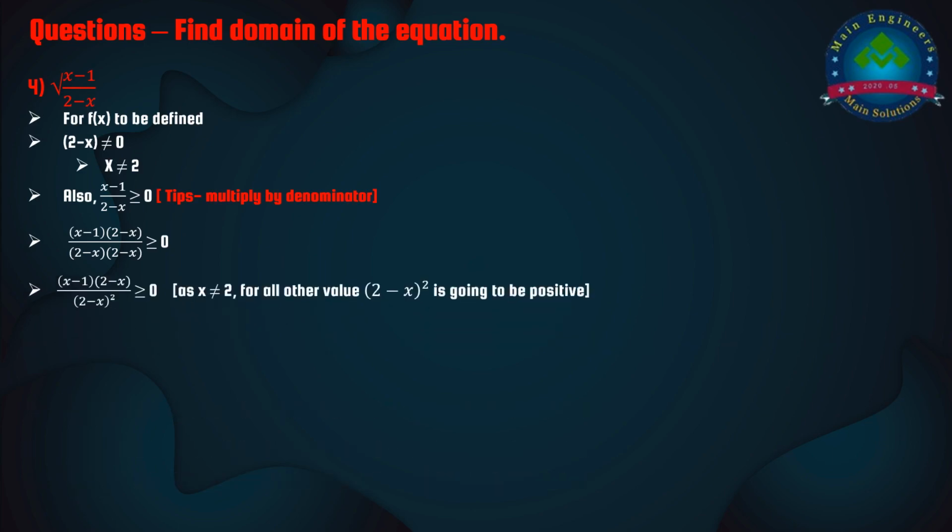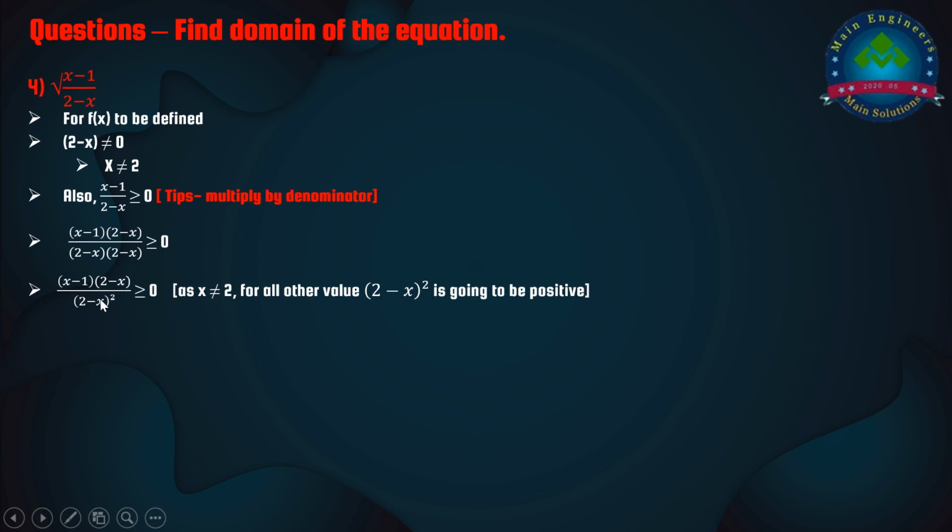So multiplying by the denominator, we will get (x − 1)(2 − x) divided by (2 − x)(2 − x) ≥ 0. Then (x − 1)(2 − x) divided by (2 − x)² is going to be greater than or equal to 0.